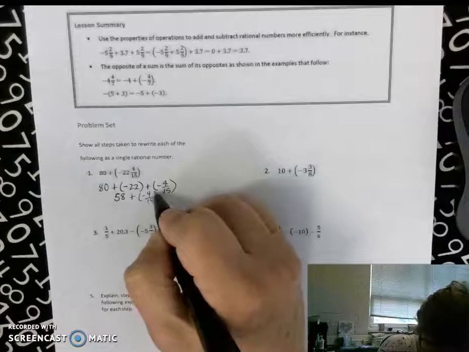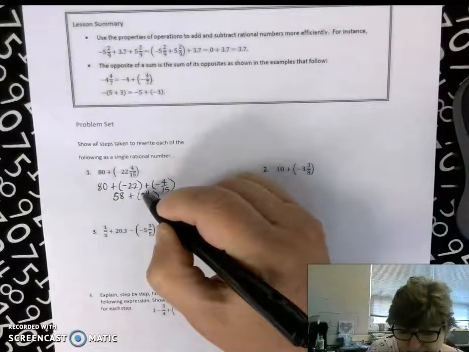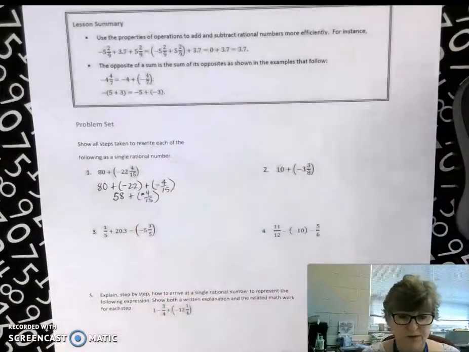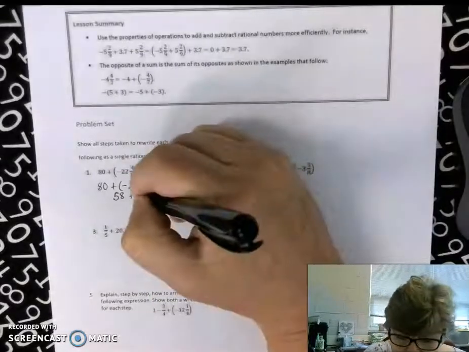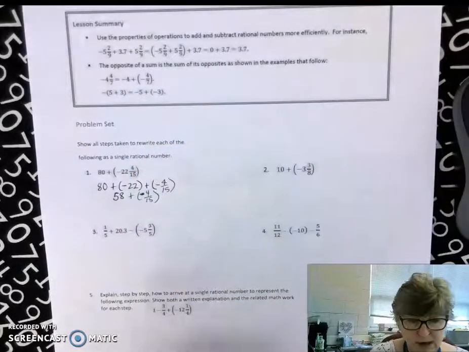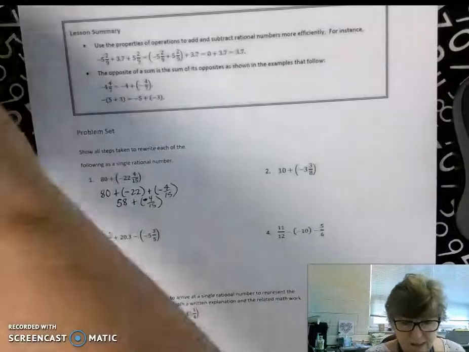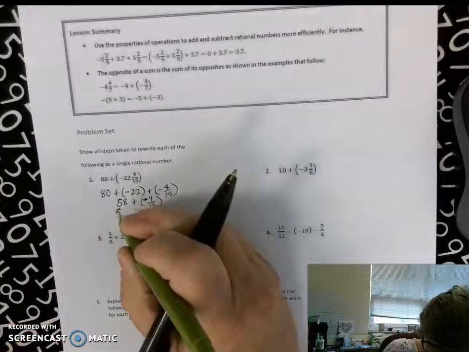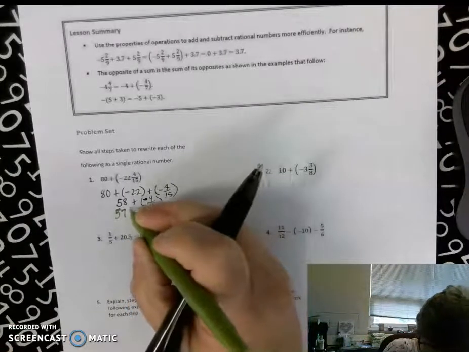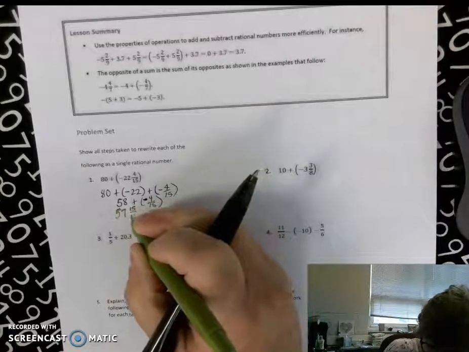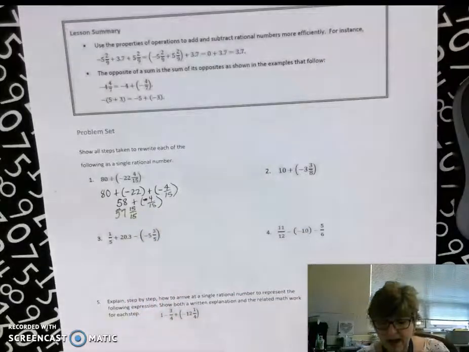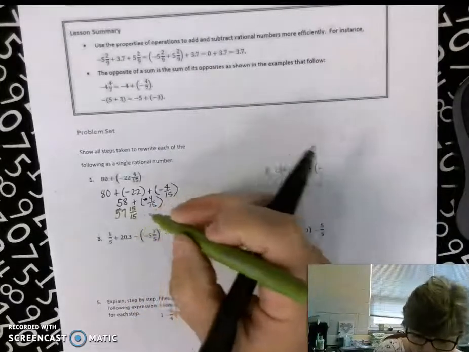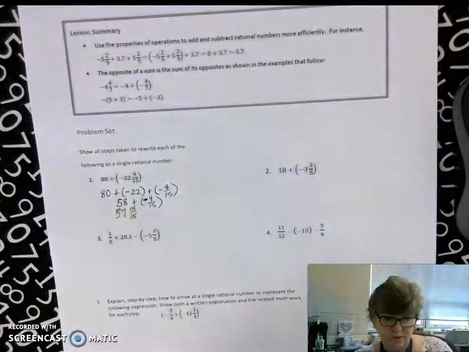plus -4/15. Now remember, because this is a negative, I cannot just combine it with the 58. You actually are taking it away and subtracting it, so you have to think about 58 as being 57 and 15/15. And then you subtract the 4/15.